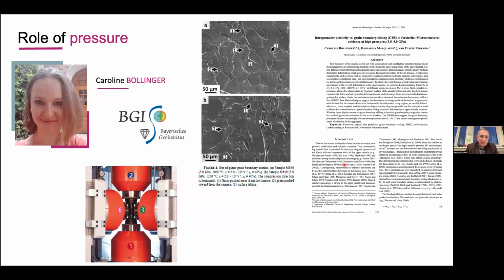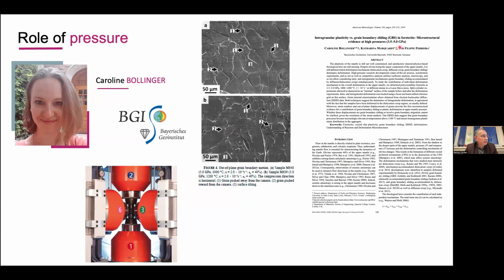We were a little bit concerned about the fact that, well, the Paterson press is at very low pressures. So what was the relevance of that for at least the lithospheric mantle? So we asked Caroline Bollinger, since I mentioned that she showed microstructural evidence of grain boundary sliding, but in the multi-anvil apparatus at higher pressure, 3.5 GPa.